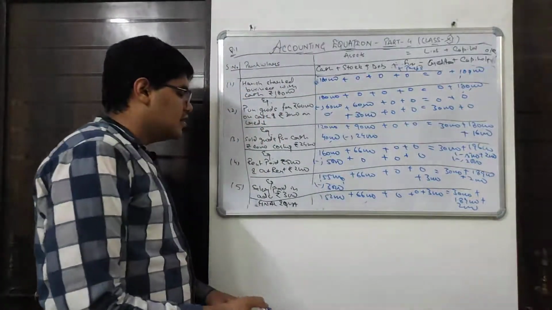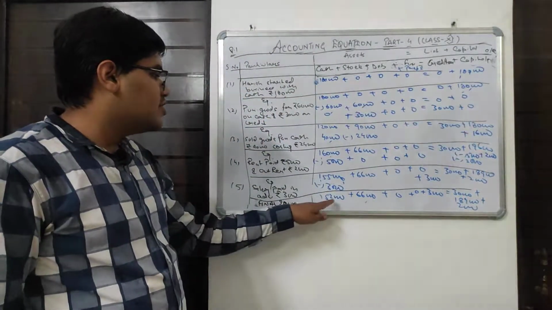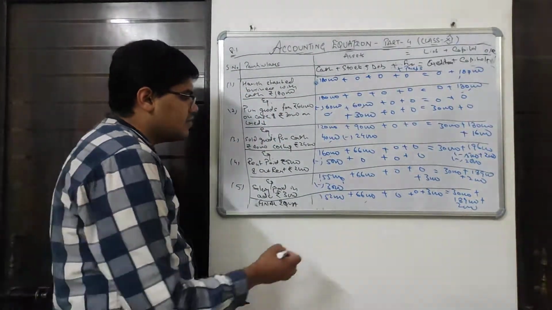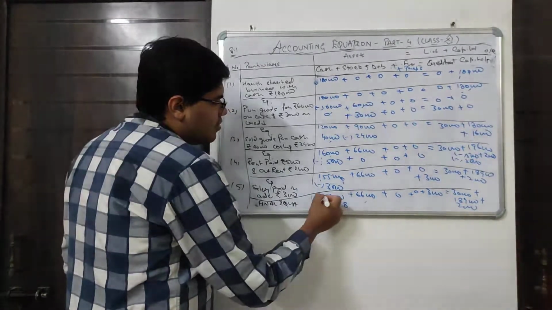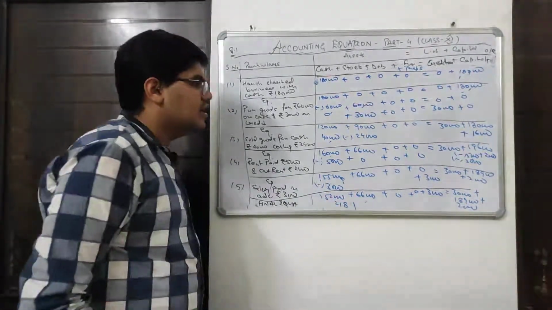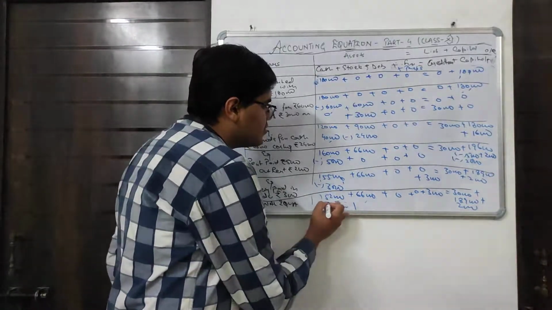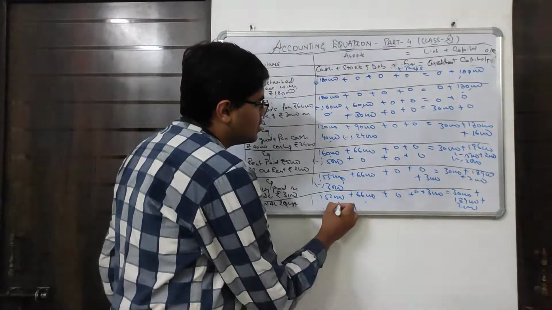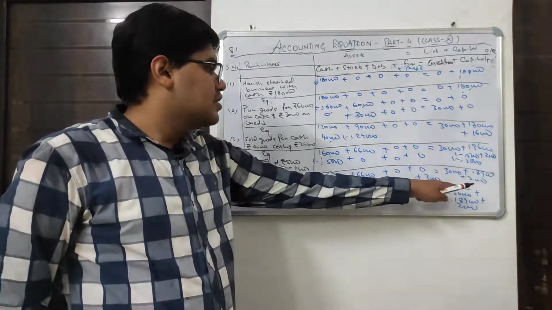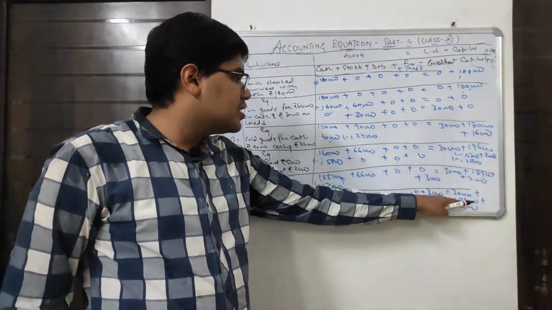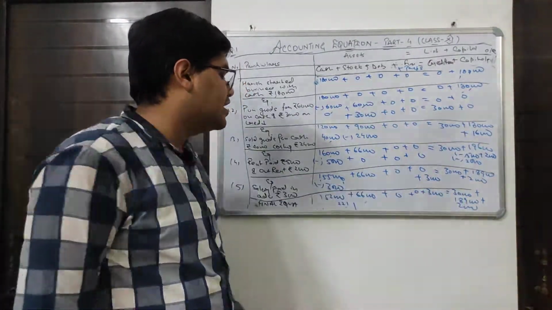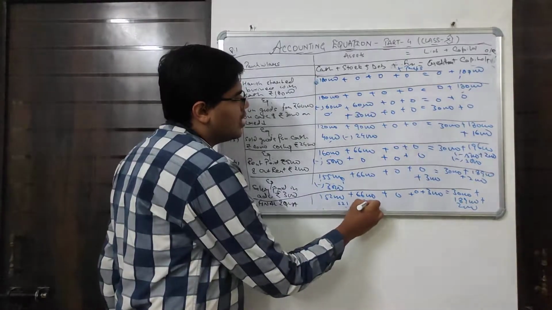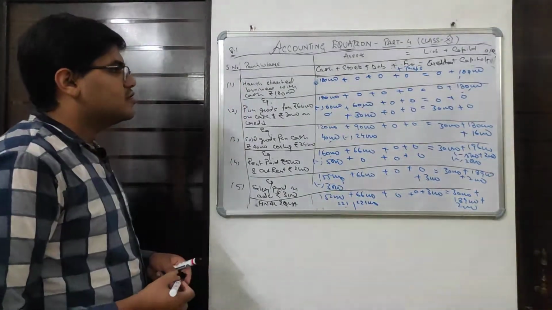As you can see, our equation gets balanced. 1,52,000 plus 66,000 on the asset side is 2,18,000, and plus 3,000, it will be 2,21,000. On the other side, 30,000 plus 1,89,000 plus 2,000 is also equal to 2,21,000. So our equation gets balanced.